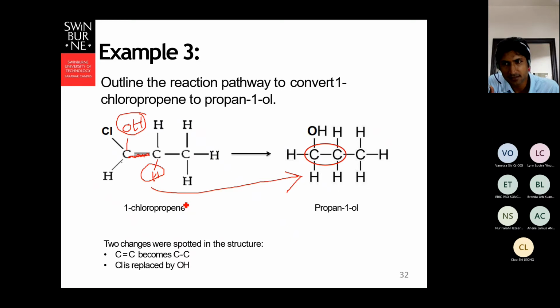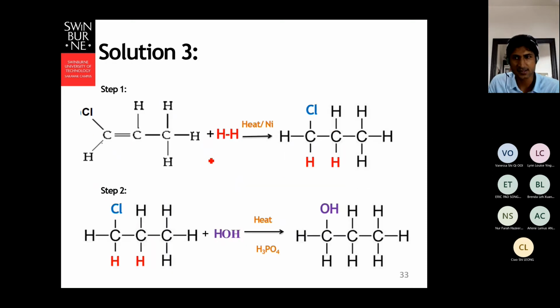One, we can add hydrogen gas in the presence of nickel, so that hydrogen is attached to both carbons.